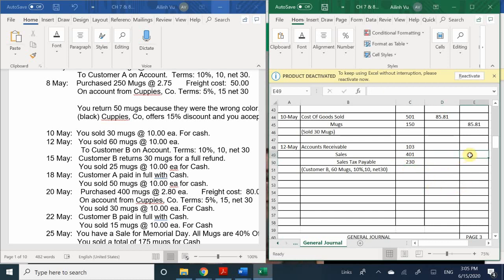So how do I calculate the sales? Go to your inventory sheet. No, this is sales. So sales is 60 times 10, which is 600.